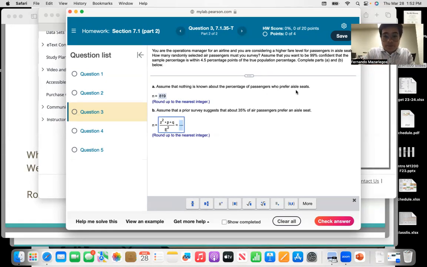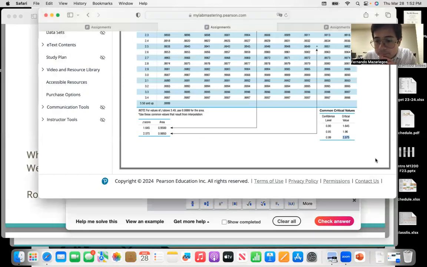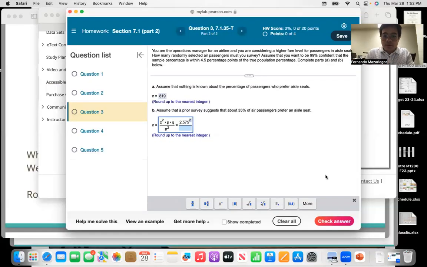So our critical value remains 2.575. We multiply now by p hat, which is 0.35, and q hat, which is 0.65, and then divide by the margin of error squared. So let's find this.